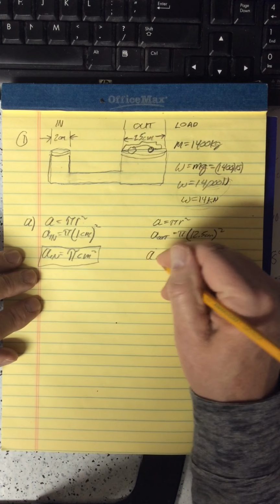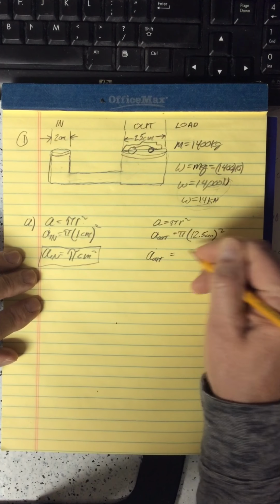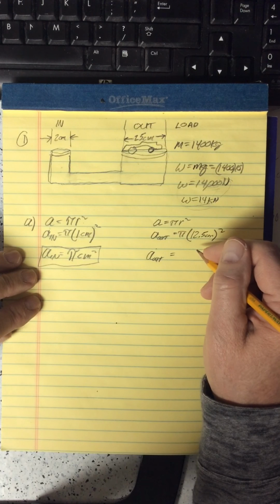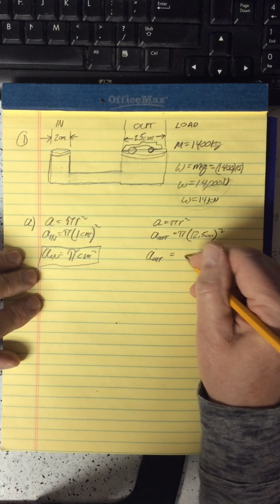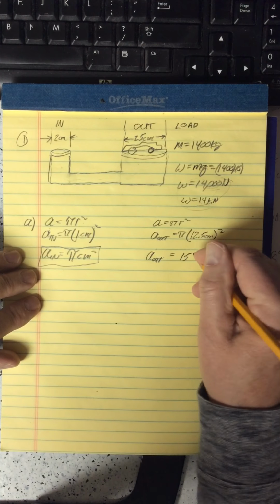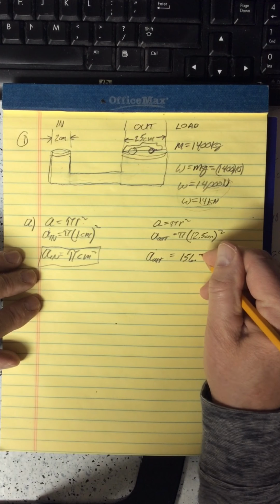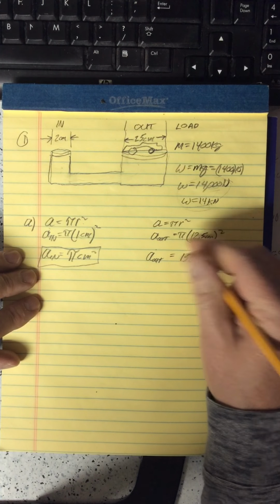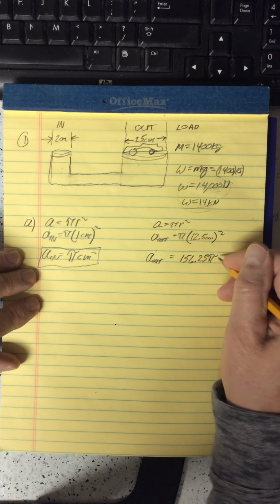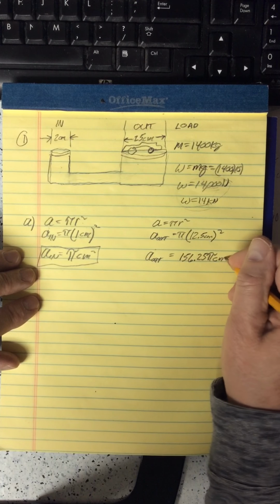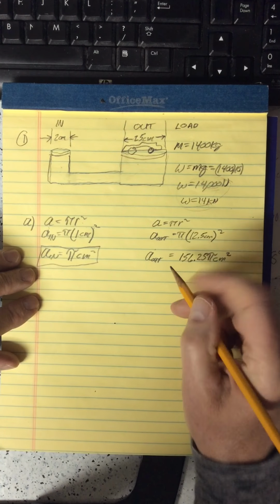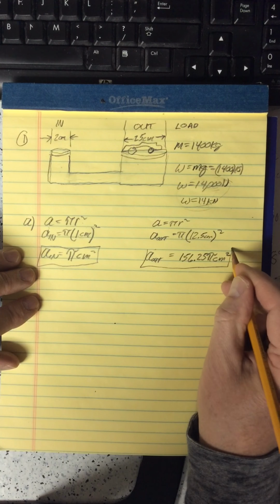So A out is equal to 12.5 squared, that's 156.25, I hope, and we can't forget about the pi, centimeters squared. So that's the area of the out. So that was part A.